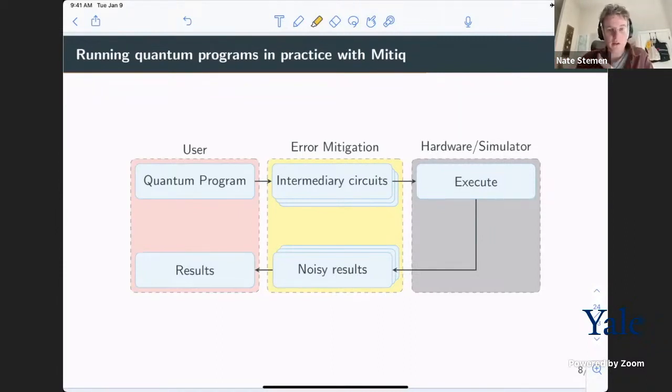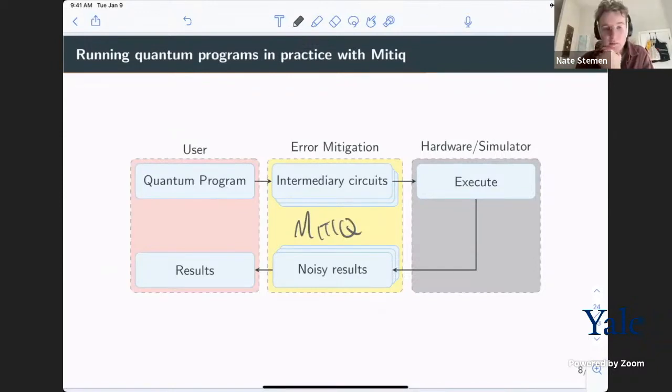We combine the noisy results that we've measured, and we give you back the hopefully less noisy result than you would have received otherwise. So this is what Mitiq does, where it lives, and how you interact with it.